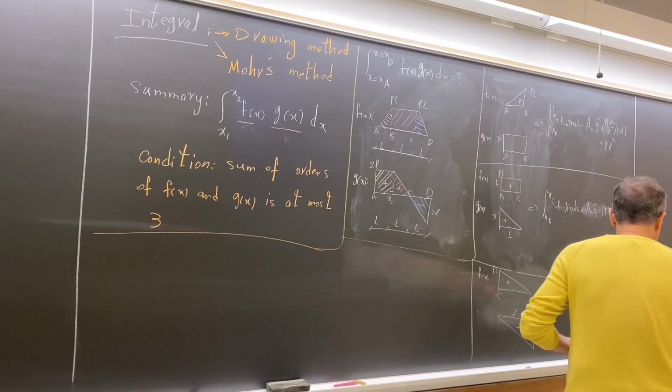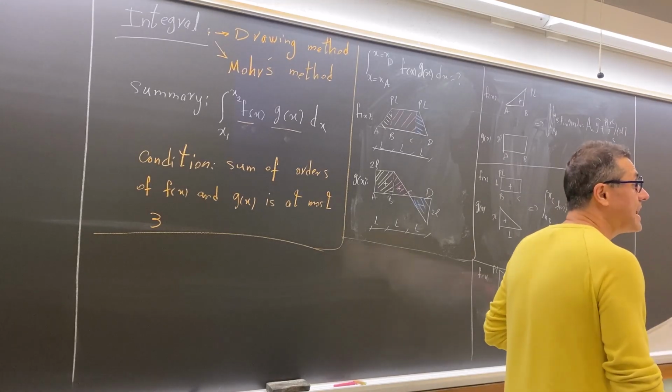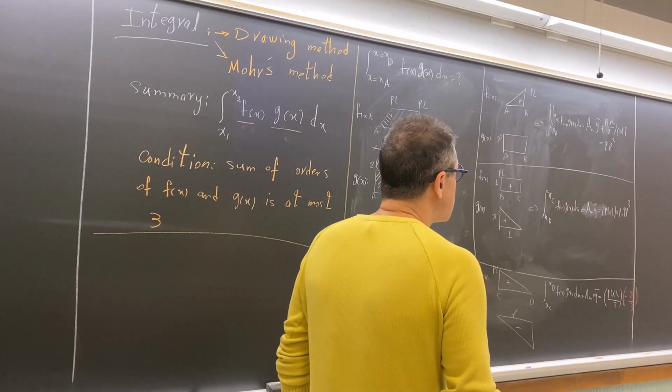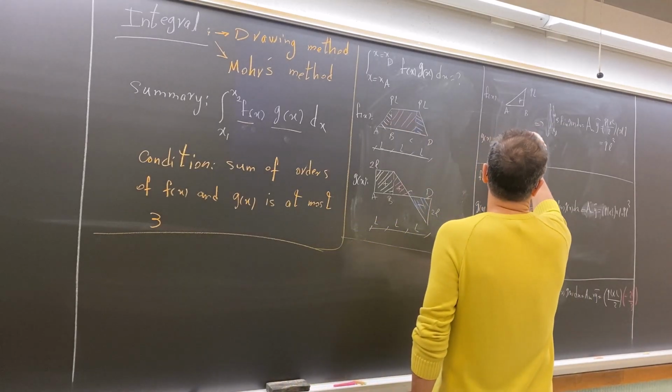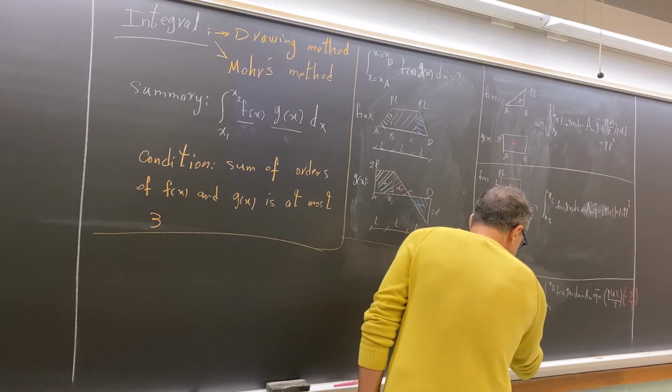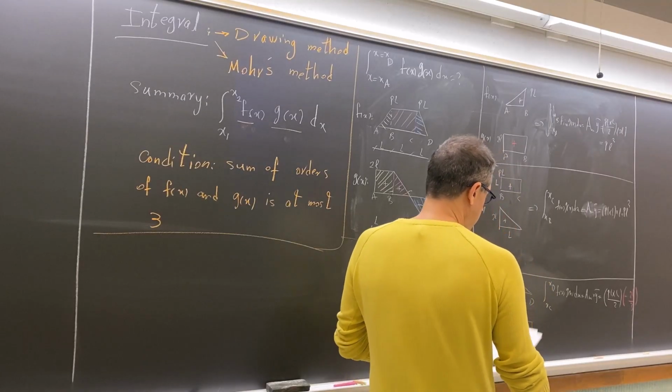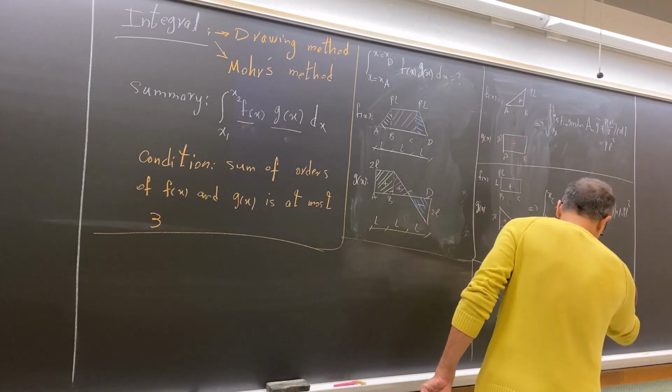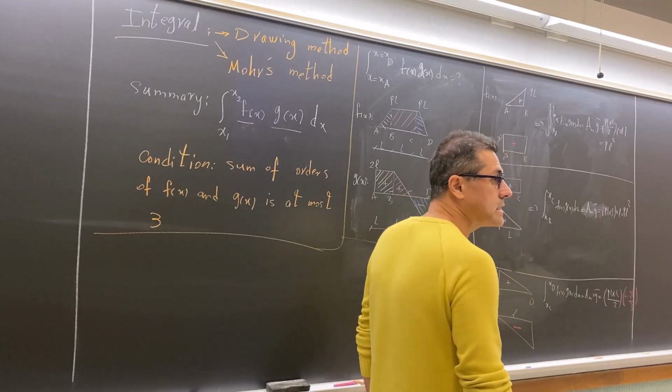I write it in red color because this is negative. See, these are all positive, the areas are positive, but this one is negative. So Y bar is negative for this.